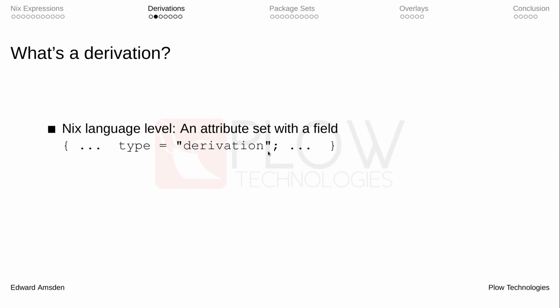That's all it takes for Nix to try to treat this value as a derivation. So if you load it in the REPL, it'll try to pretty print it as a derivation. If you run nix-instantiate on a Nix expression and it evaluates to an attribute set that has this binding, then it will try to generate a derivation in the Nix store from that.